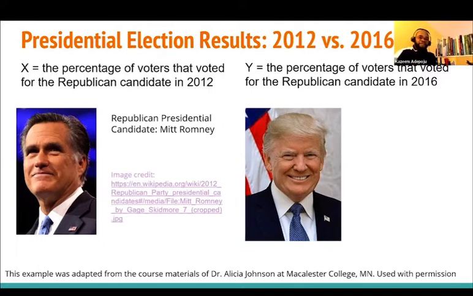If you consider a particular county in the United States of America, and a Republican candidate received a certain percentage of votes in 2012, can we have a way to predict what the Republican candidate is going to have in 2016? That is the reason why we study relationships in linear regression: we want to predict one from the other.